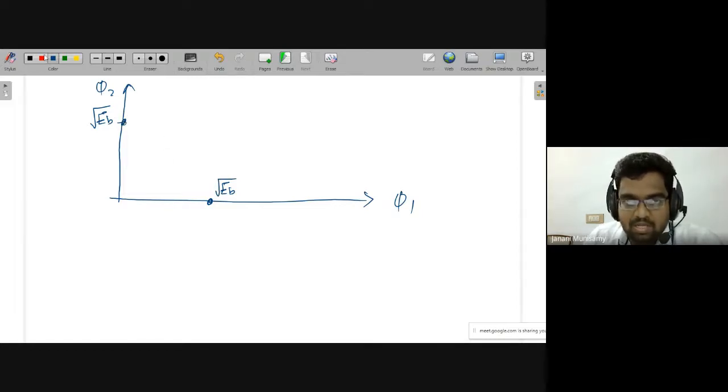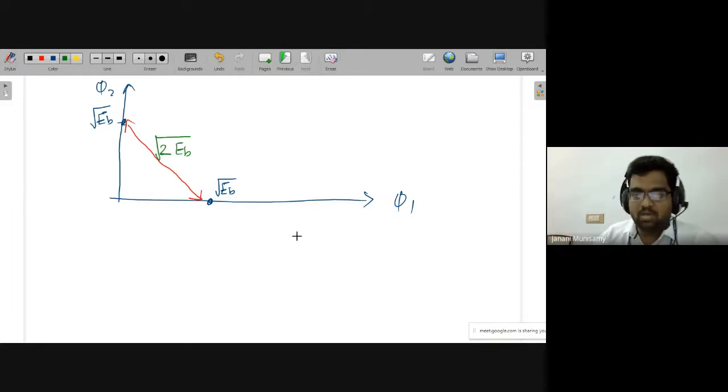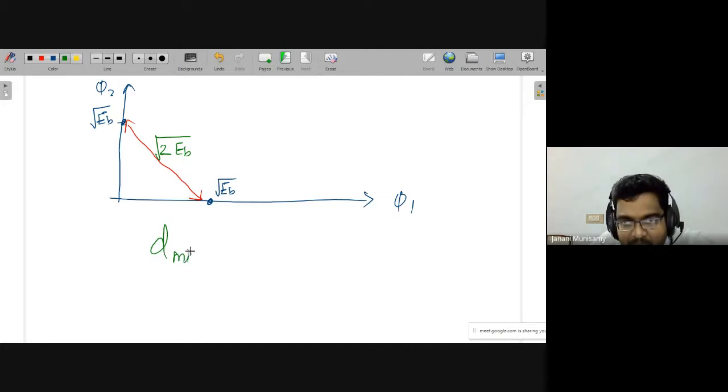Now, what is the distance between these two? You know from the Pythagoras theorem. The x-axis distance is square root of Eb, and the y-axis distance is also square root of Eb. If you measure this distance, it is square root of 2Eb. So this is the minimum distance in FSK: square root of 2Eb.